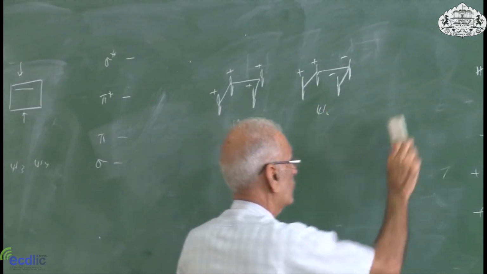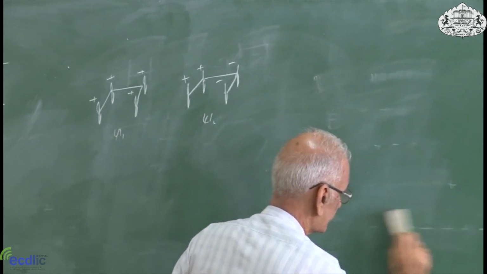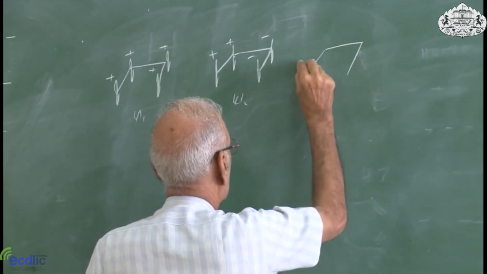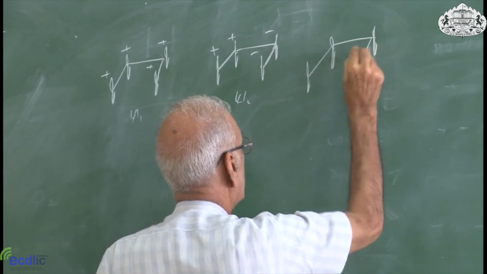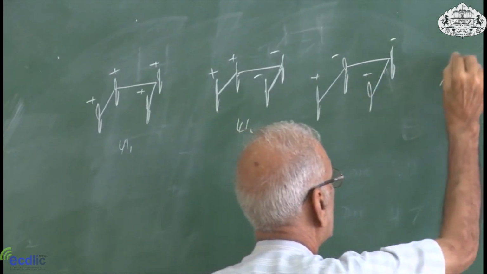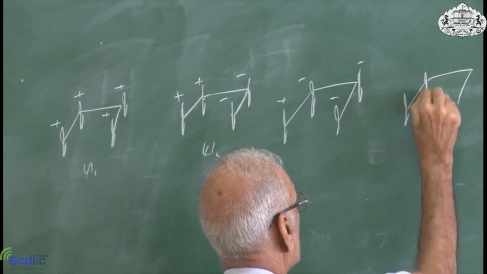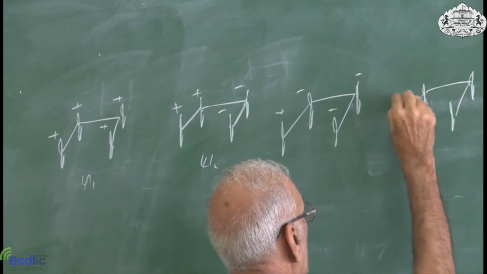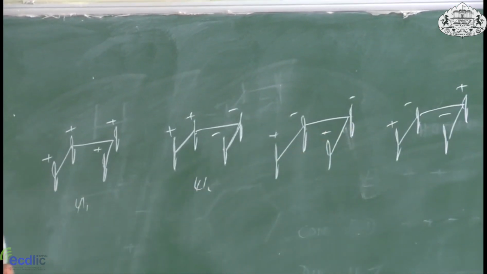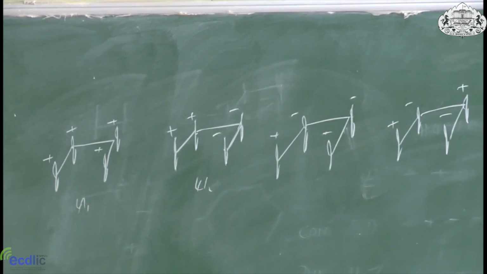That is your psi 2 orbital. Psi 3 orbital will be plus, minus, minus, plus, and your psi 4 orbital will be plus, minus, plus, minus.